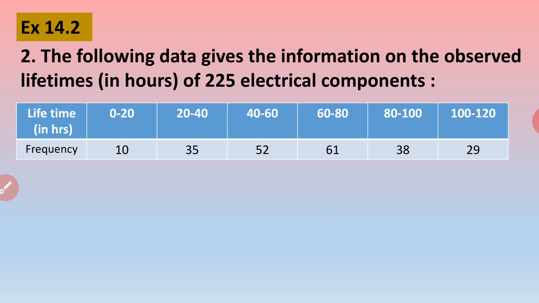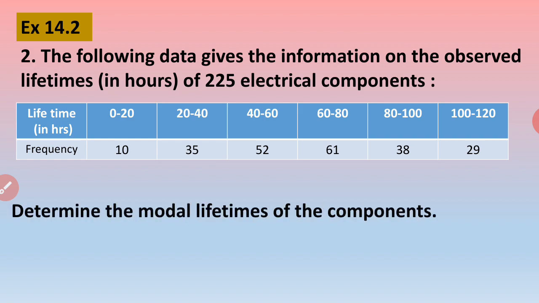Lifetime of the electrical components is given to be 0 to 20, 20 to 40, 40 to 60, etc. in hours. And the frequency, that is from 0 to 20, there are 10 electrical components. For the lifetime of 20 to 40, there are 35 in number. This is how we read the data. The question is quite simple. Determine the modal lifetime of the component. That means you have to find out the mode.